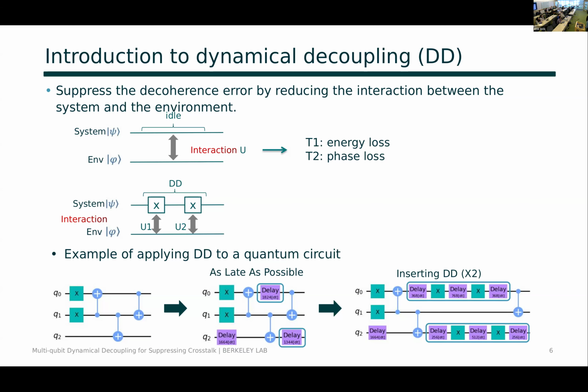And here's an example of how to insert DD into a quantum circuit. We have a 3-qubit quantum circuit. Before we execute it on the quantum hardware, we need to schedule the circuit, so some delays are inserted, and then we insert the X2 DD sequence. This is just an example; we have many different DD sequences that we can choose to insert during the idle period.